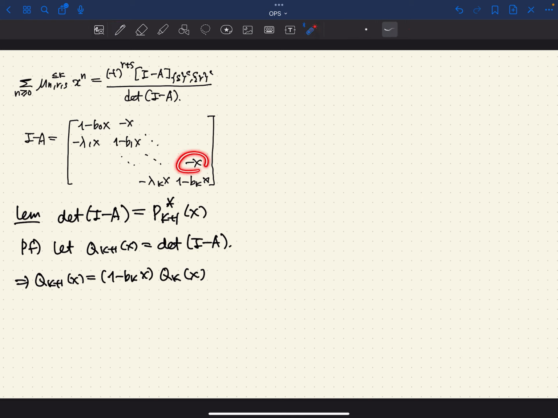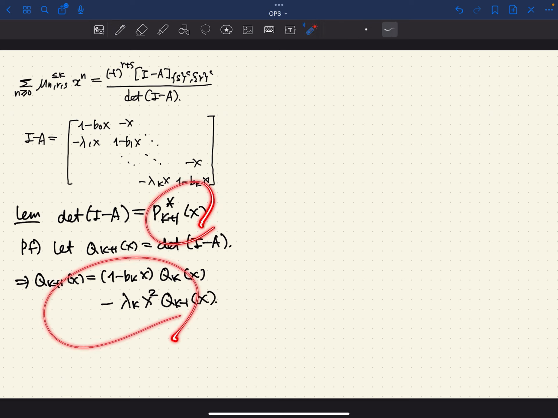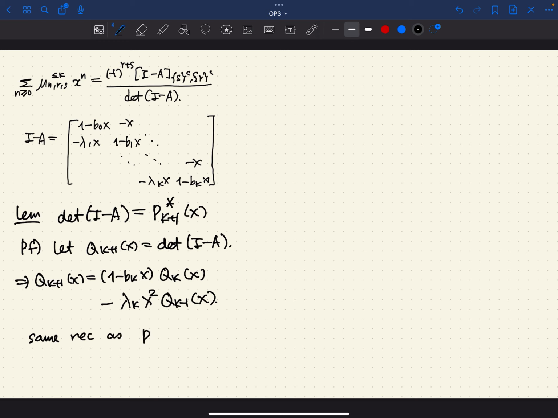We have to multiply the sign for the choice of this, so it's minus lambda_k x squared q_{k-1}(x). But this is exactly the same recurrence that p star has.